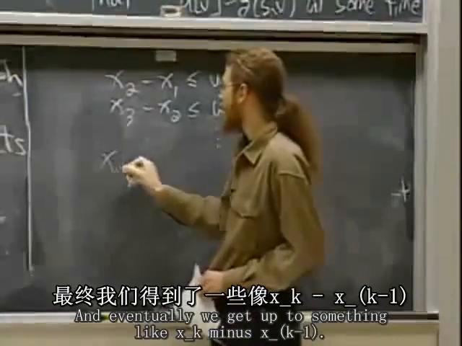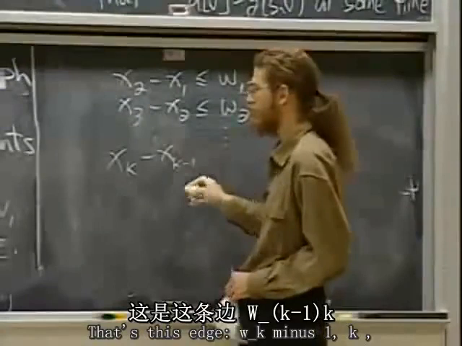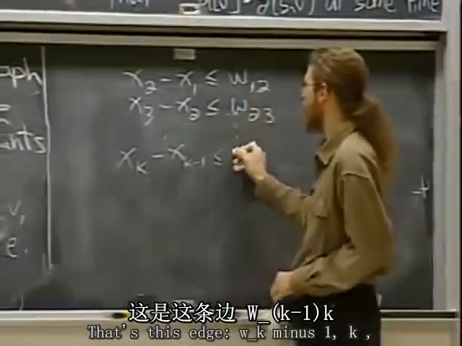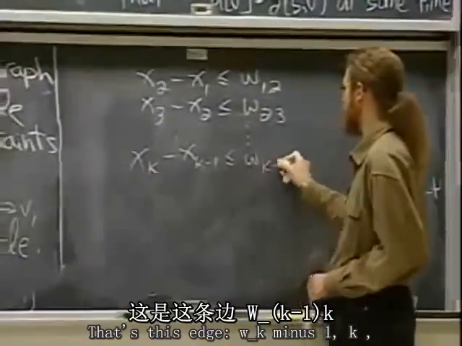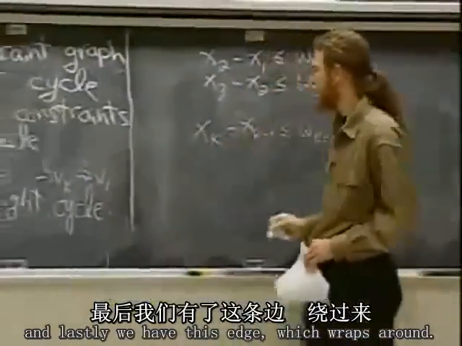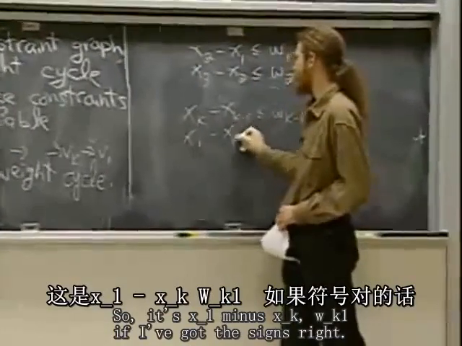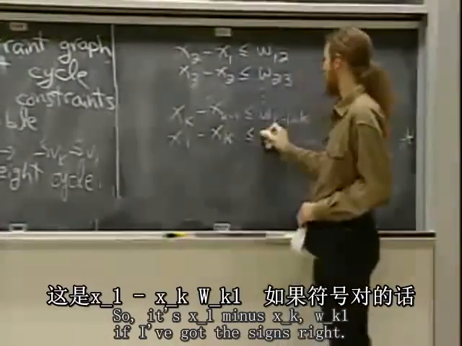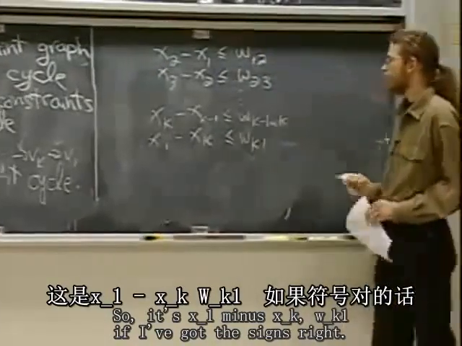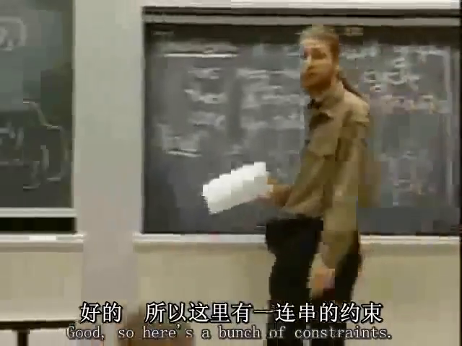And eventually we get up to something like xk minus xk minus 1. So that's this edge, Wk minus 1k. And lastly, we have this edge, which wraps around. So it's x1 minus xk, Wk1. Got the signs right? Good. So here's a bunch of constraints. What do you suggest I do with them?